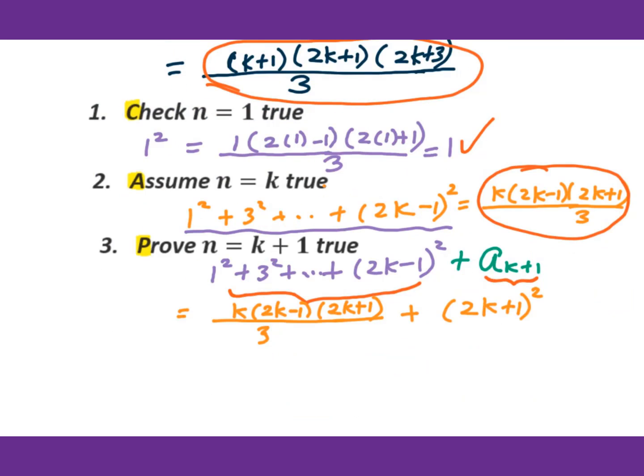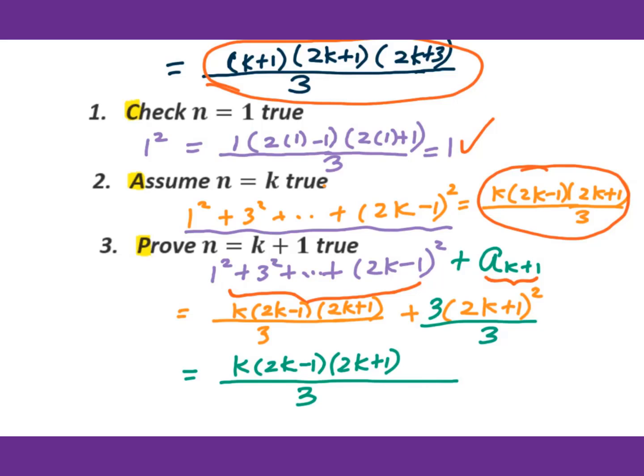First step, we will make a same denominator. So multiply by 3 to the numerator and the denominator first. Then put the numerator together. I have k times 2k minus 1, 2k plus 1, plus 3, 2k plus 1 square.